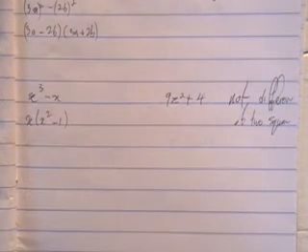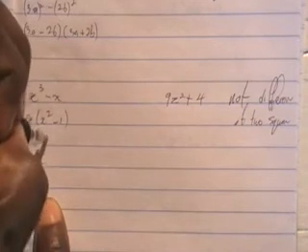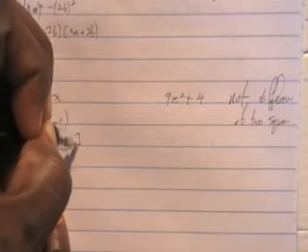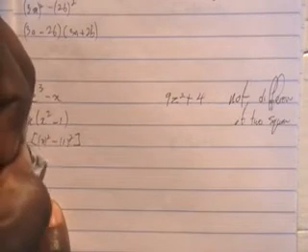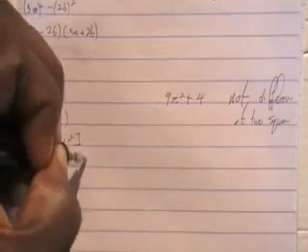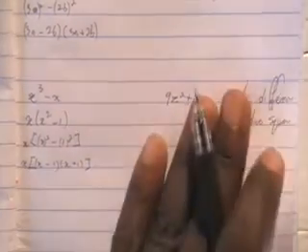What do you have in there? x squared minus 1 is a difference of two squares. So we solve the inside by leaving our x outside. This becomes x squared minus 1 squared, and this will be x outside, square bracket, x minus 1, x plus 1. So yes, it is a difference of two squares.